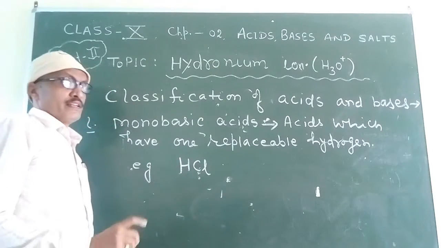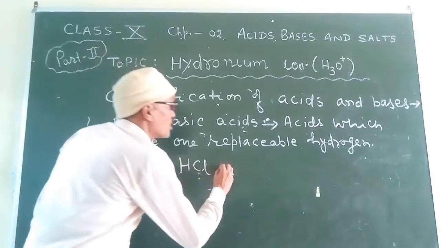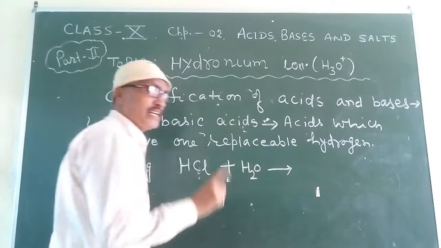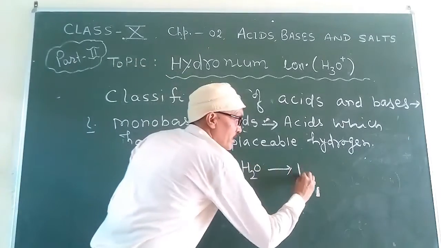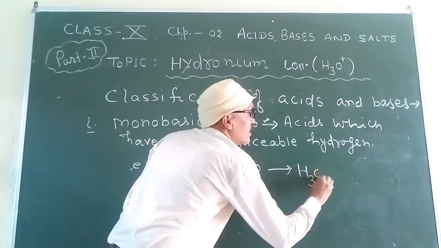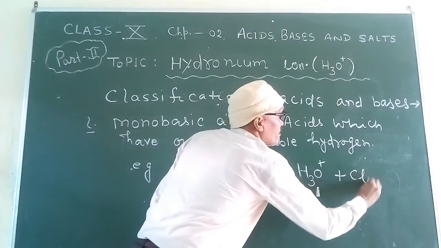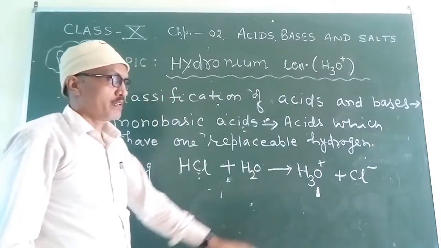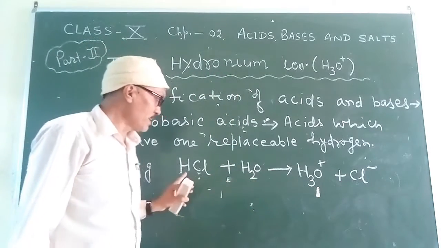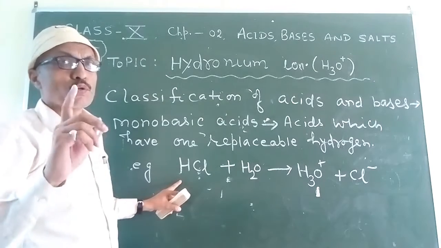HCl is a monobasic acid. Why? Because this HCl contains only one replaceable hydrogen, and that replaceable hydrogen joins with undissociated water molecule to form H3O plus and Cl minus. So only one replaceable hydrogen. So HCl is a monobasic acid.